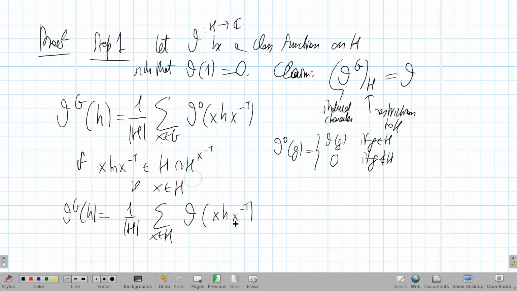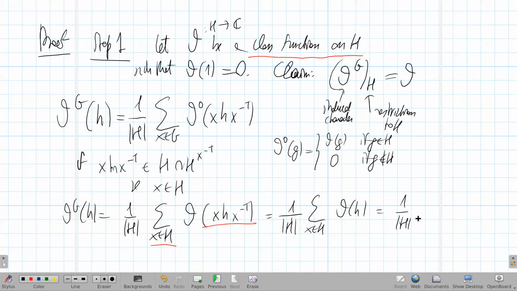Since theta is a class function on H, and we are conjugating over H, this will be simply the sum over x in H of theta of h. So this is 1 over the order of H times the order of H times theta of h, which is just theta of h, because this is the sum of the same element, order of H times, okay?